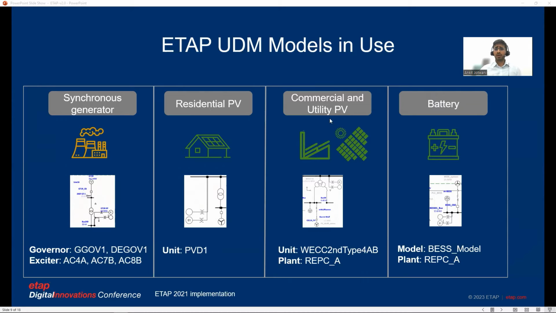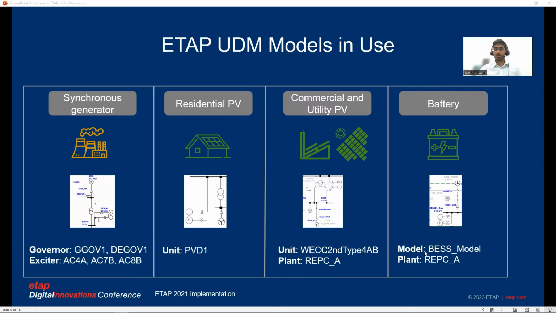So we modeled the residential PV and also the other renewable installations via the static generator element. For the commercial and utility PVs, we used the VEC second generation model in combination with a plant controller model. The idea of using the plant controller was to have the frequency regulation feature also available for these models. We used a lumped load element to link the plant controller model. The battery modeling was also done in a similar way.